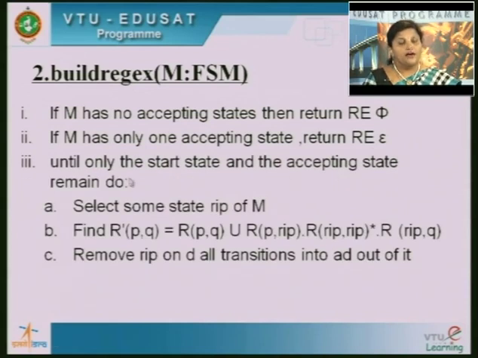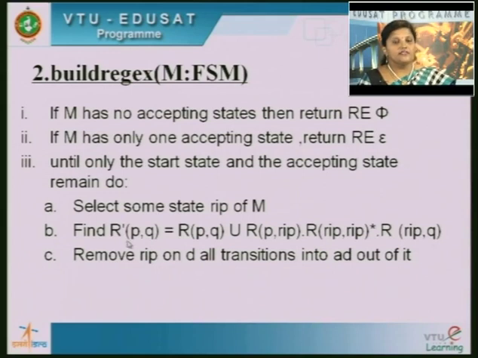The third step is, until only the start state and the accepting state remain, repeat these steps: select some state rip of M and find the equivalent transitions. Whenever you select a state as the rip state, you are removing it, so you should find the equivalent transitions.